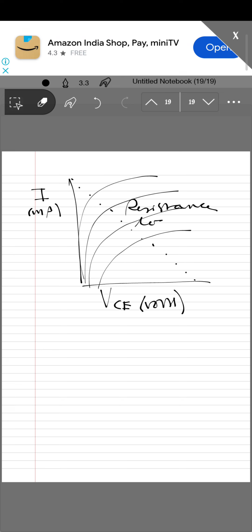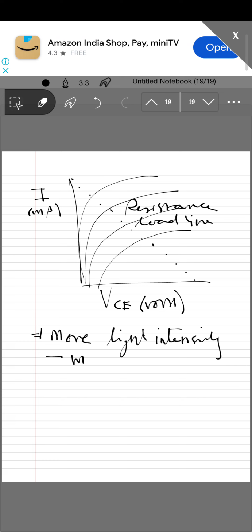The dotted line is the resistance load line, and more light intensity, measured in foot-candles, produces more collector current.